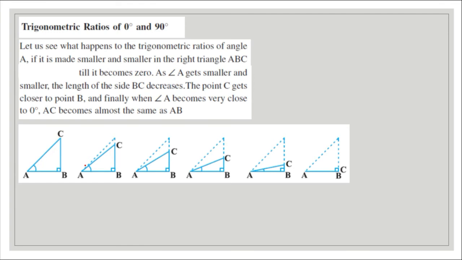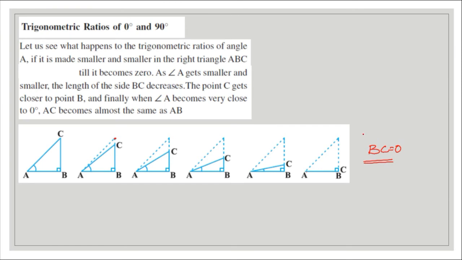When this angle is reduced, here you can see the point C slides down and the side becomes smaller. When the angle is reduced further, the side is reduced further. When the angle is made very close to 0, this point C overlaps with the point B, and this particular length BC becomes equal to 0.